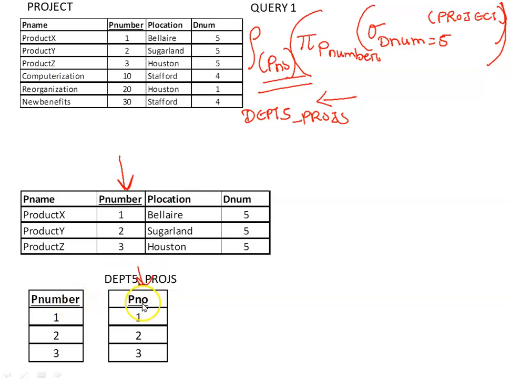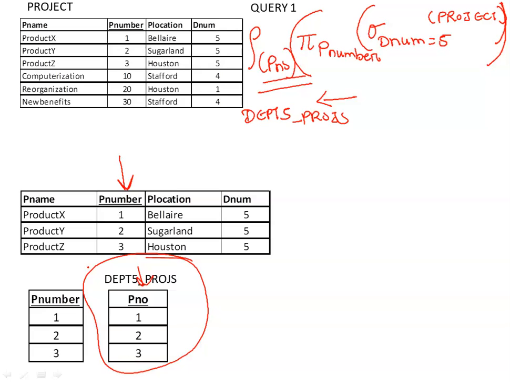Okay, so this would be my table. Final table over here according to this particular query would be this. So after this step, I have achieved all the projects managed by department number 5.